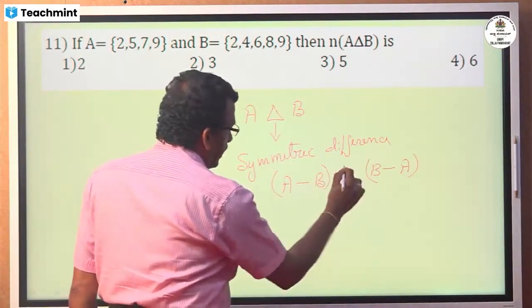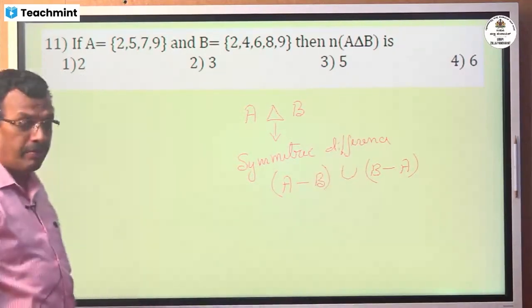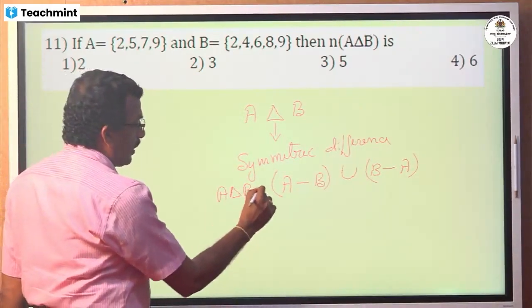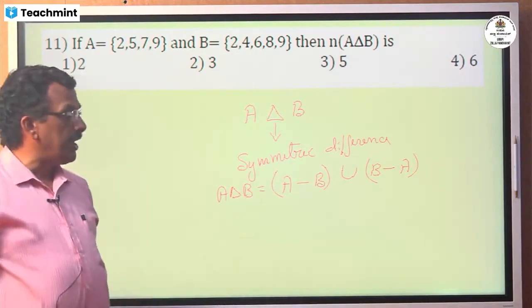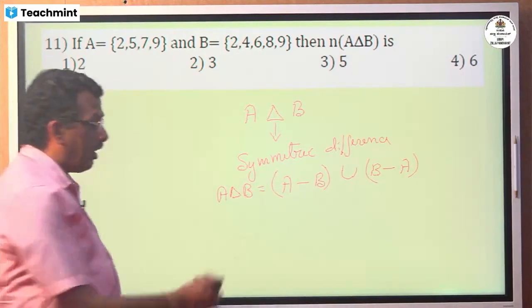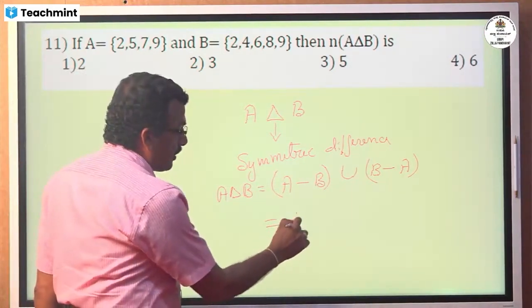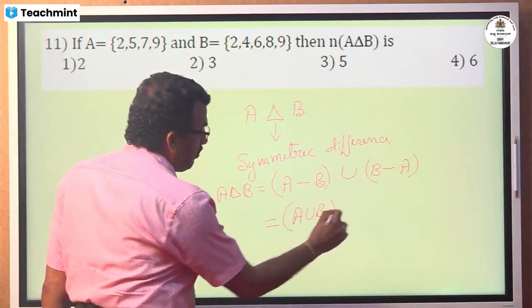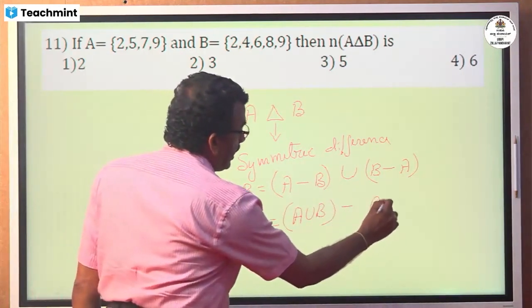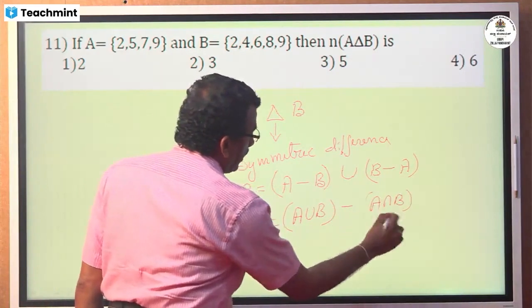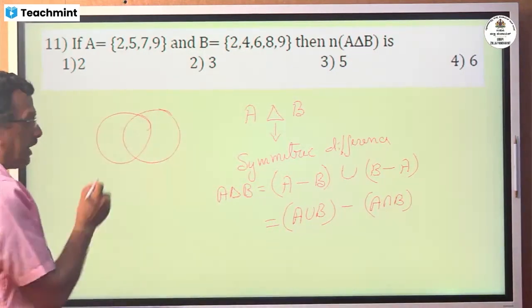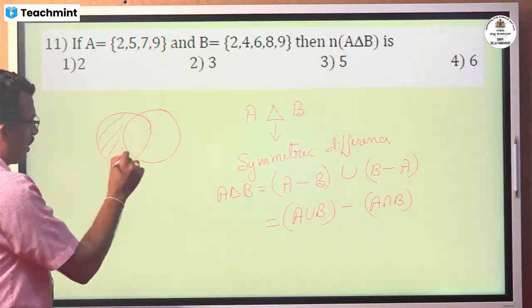That is, it is A minus B union B minus A. So A symmetric difference B is equal to A minus B union B minus A, or it is also equal, sometimes symbolically they will ask, it is A union B minus A intersection B. When you imagine symmetric difference and draw two circles, A minus B is this one, correct?